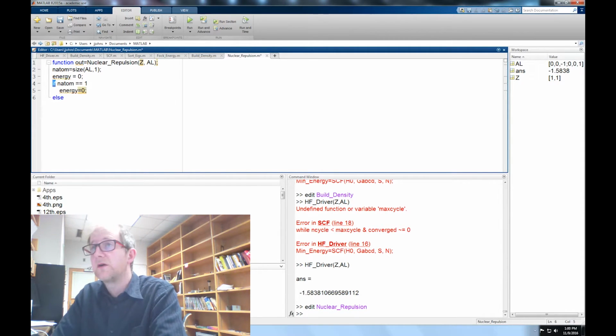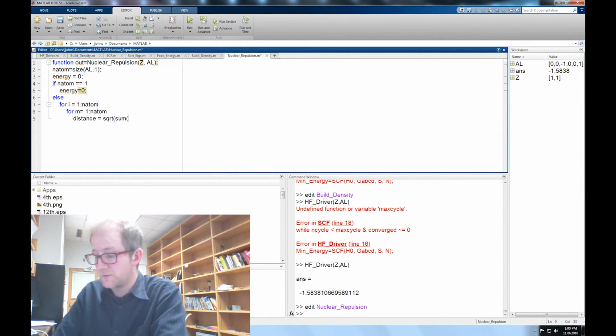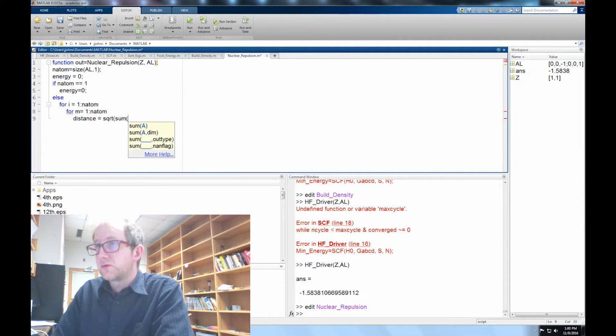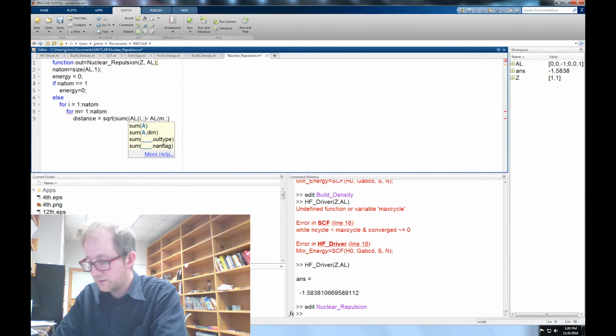Else, for I equal 1 to N atom, for m equal 1 to N atom, distance equals square root of the sum of AL I comma colon minus AL m comma colon, dot caret 2.